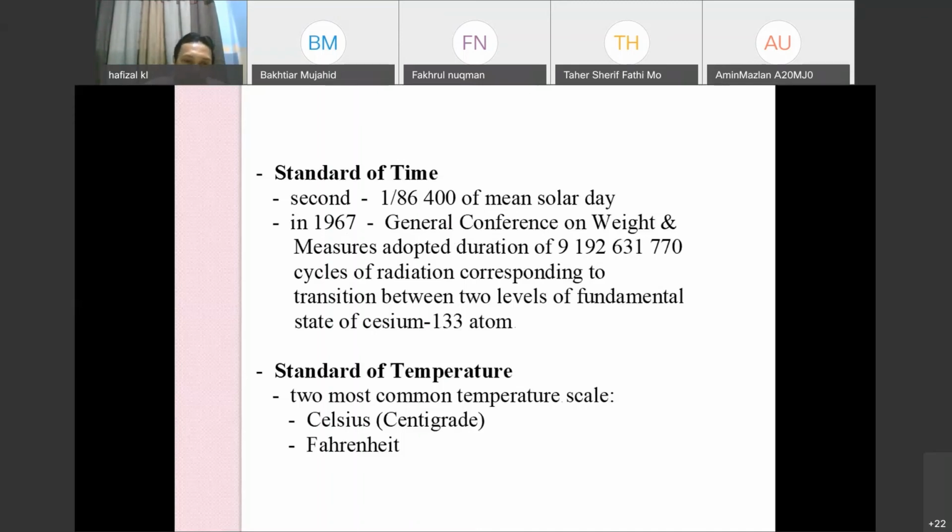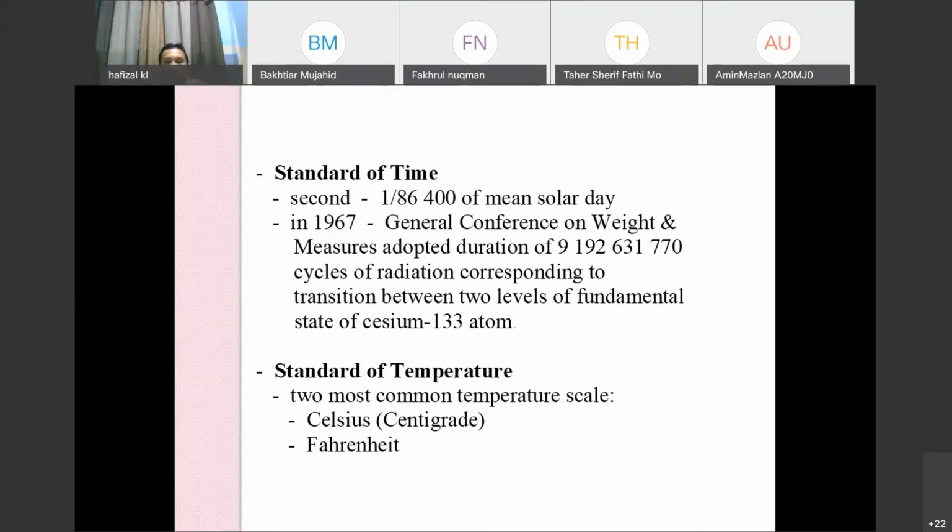Okay, and then we have the standard of temperature. If we talk about temperature, we don't have just a value for hot or cool or something like that.